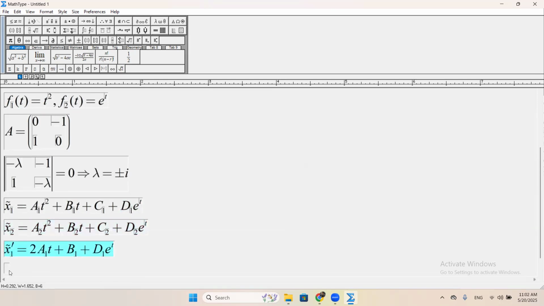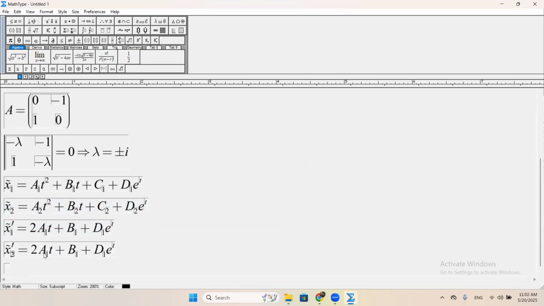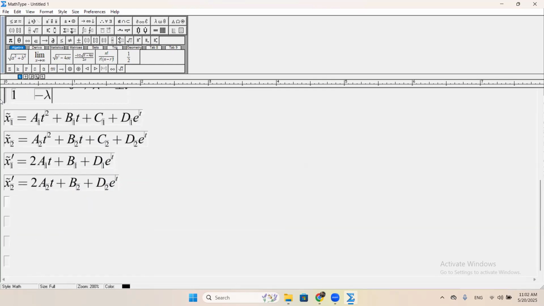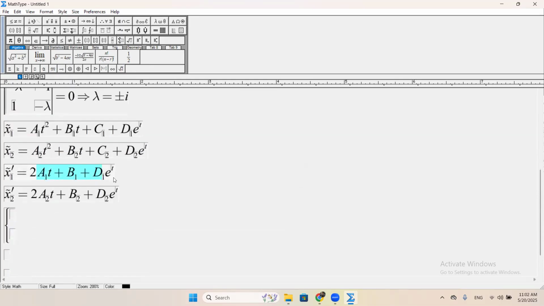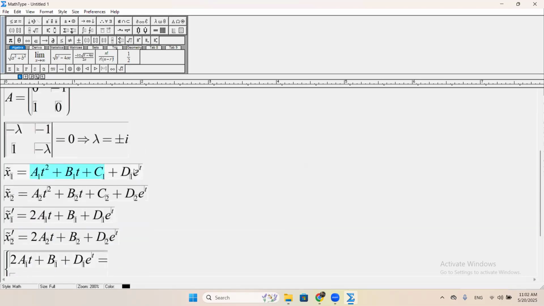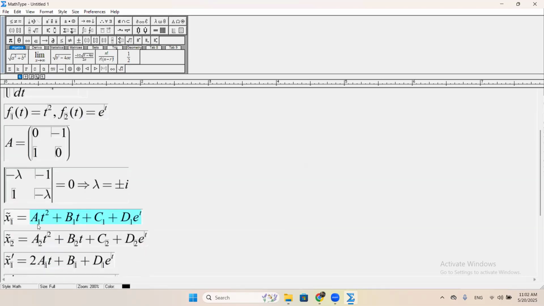And analogically for the second, but with other indices of coefficients. So let us substitute it into the initial system of equations, and we will receive the following. Substituted the derivative and substituted the function.